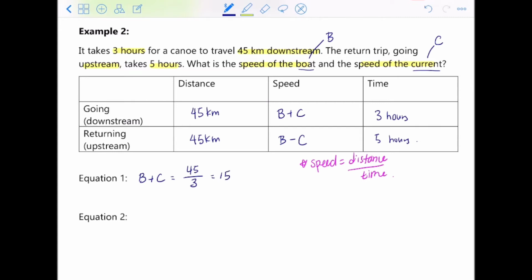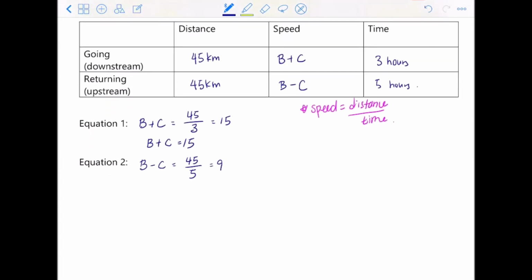So when we rewrite it, it's just b plus c equals 15. Equation 2, same idea. Speed is b minus c equals distance 45 over 5, and this equals 9. So b minus c equals 9.